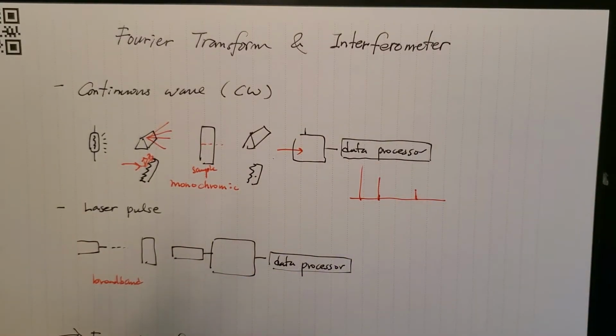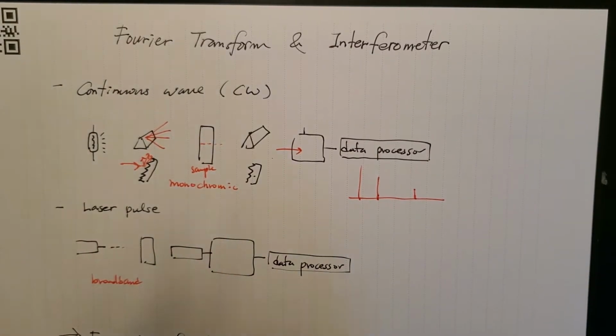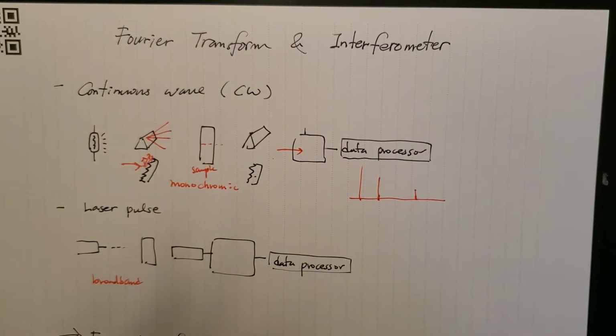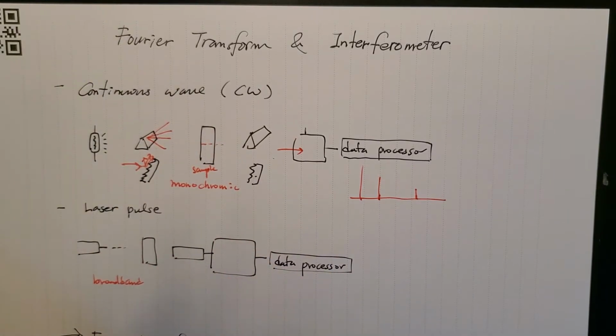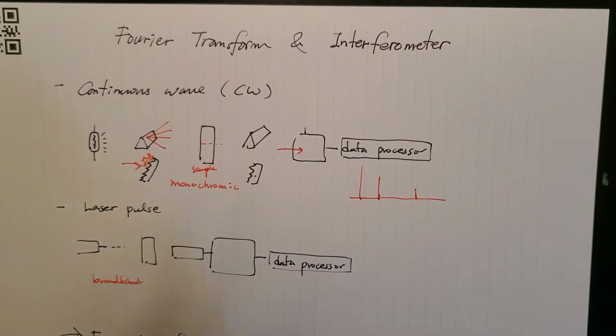But with technological development, we have all kinds of resources, such as a laser. Laser is able to generate a broadband signal, and then we are able to have the sample interact with all kinds of wavelengths at once.